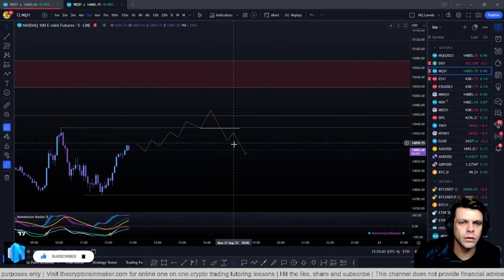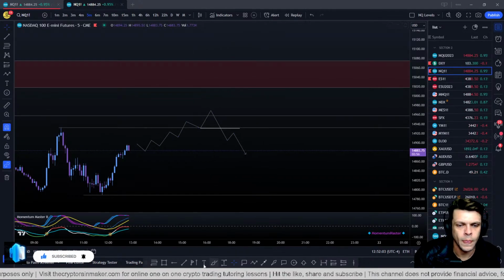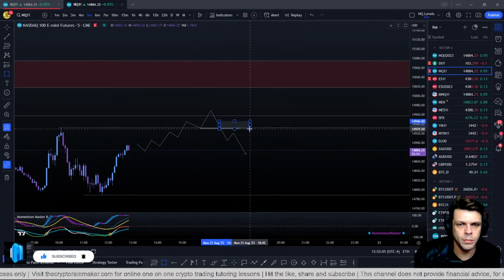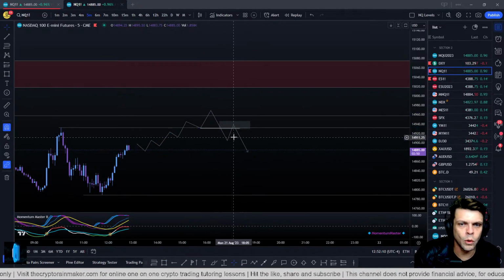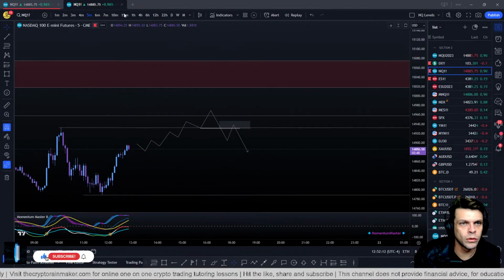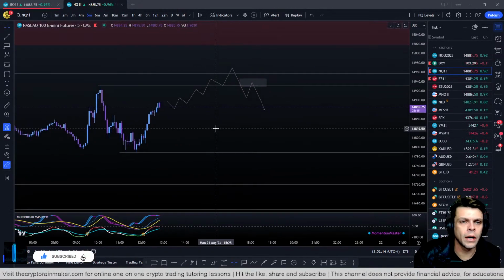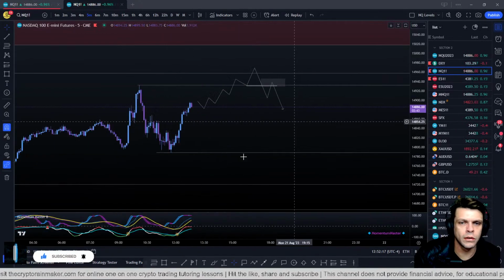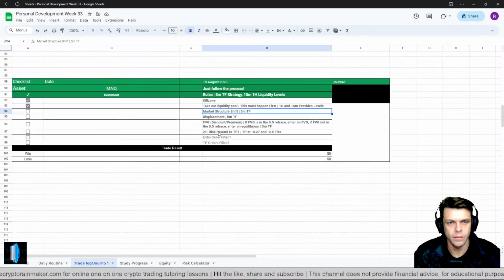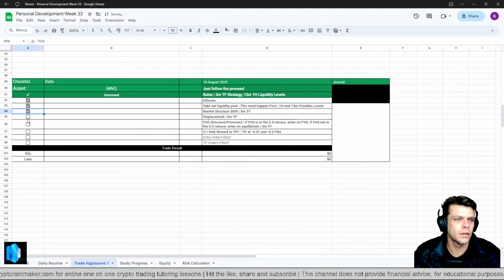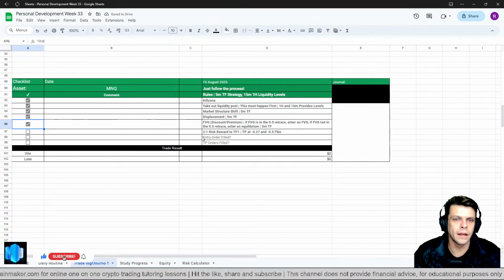So we want to see strong displacement below this low. And then, like I said, that nice big fat fair value gap, retrace into that area or into premium. You take the short, and then you can pair up your TPs with the opposing liquidity pool, which will be right there. So market structure shift, displacement, fair value gap, and then 2-to-1 risk to reward ratio to my first take profit.